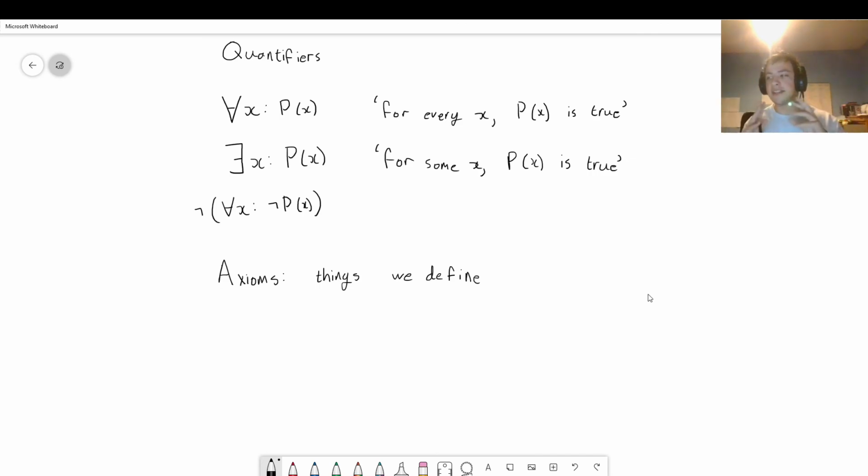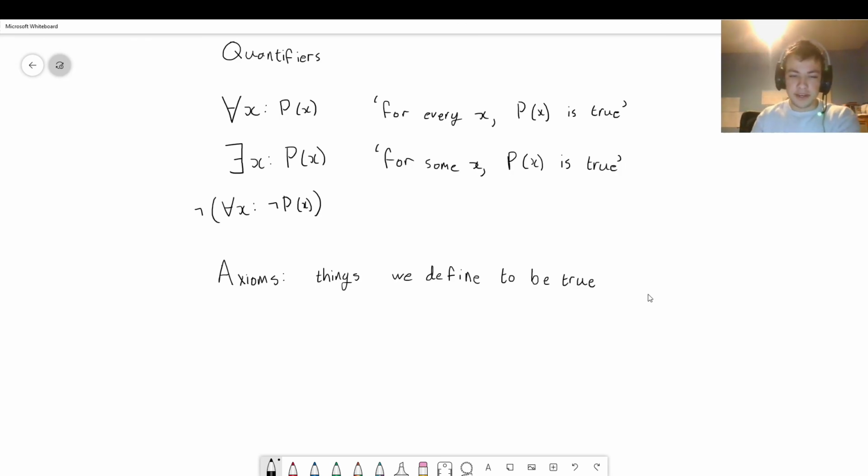For all of our sets, these axioms are true. And so they are the building blocks of maths, in the same way that the fundamental laws of physics are the building blocks of physics, and so on.